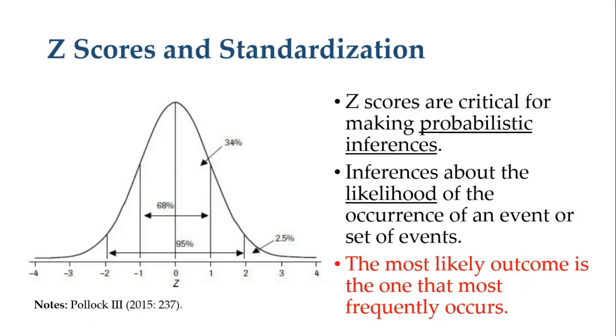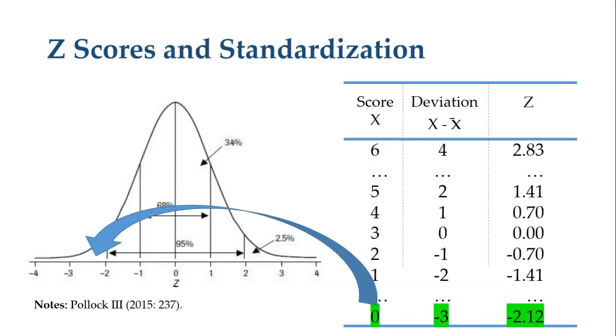So if I ask you, imagine that we have, again, let's see this table again. If the mean of this sample is 3, we know that 3 is the value that is most likely to occur because it's here. Again, think in terms of 0, for instance.